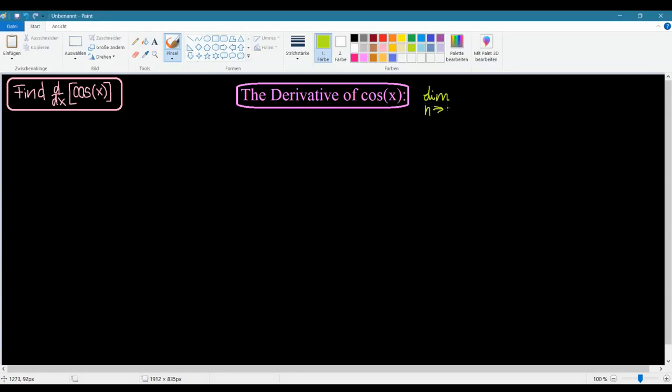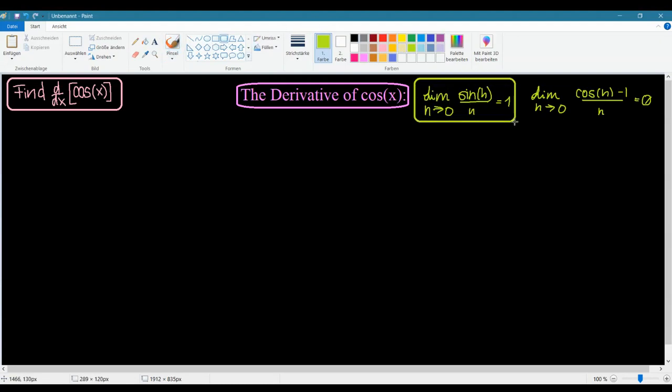The limit as h approaches 0 of sine h over h is 1. And the second one is that the limit as h approaches 0 of cosine h minus 1 over h is 0. We're going to use these to prove the derivative of cosine x.